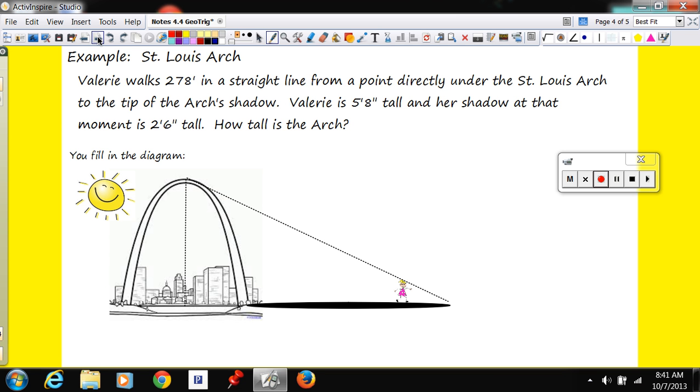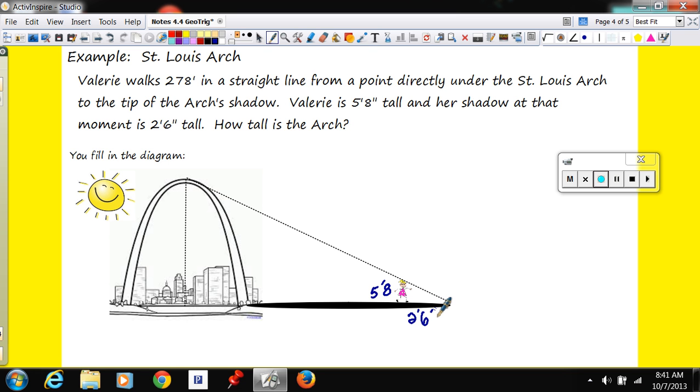Valerie is 5 feet 8 inches tall, and her shadow at that moment is 2 feet 6 inches. So she is 5'8". Her shadow is 2'6".